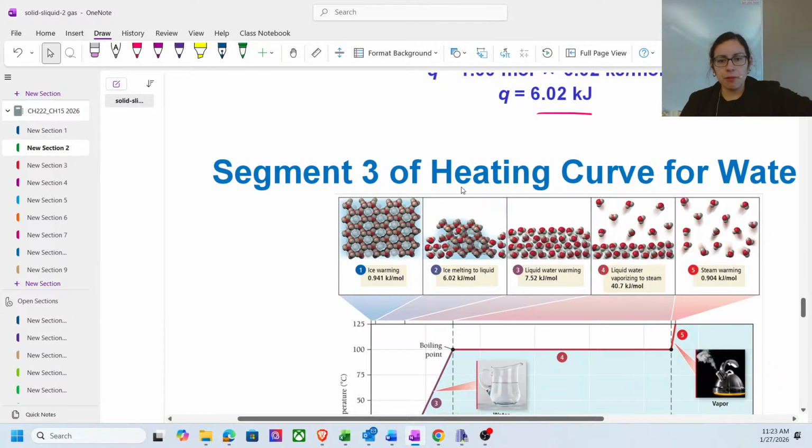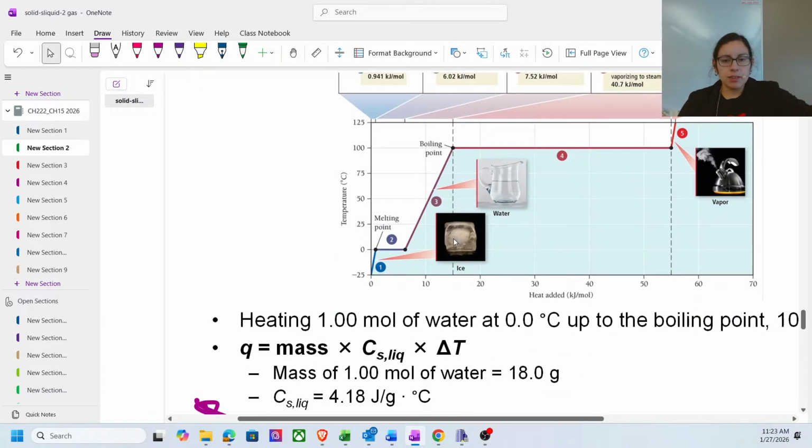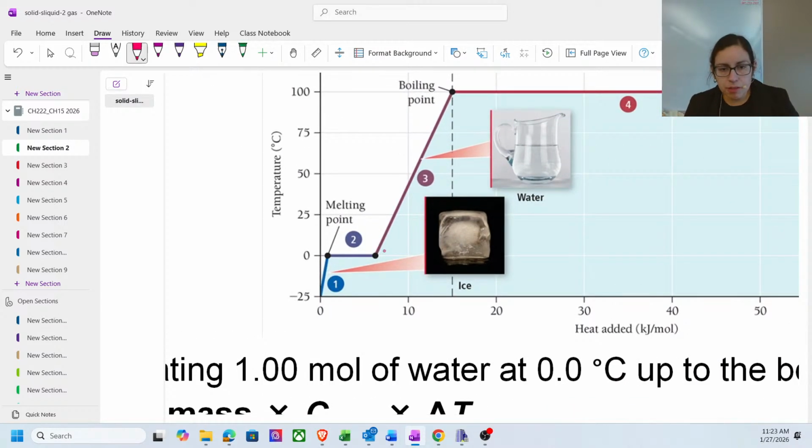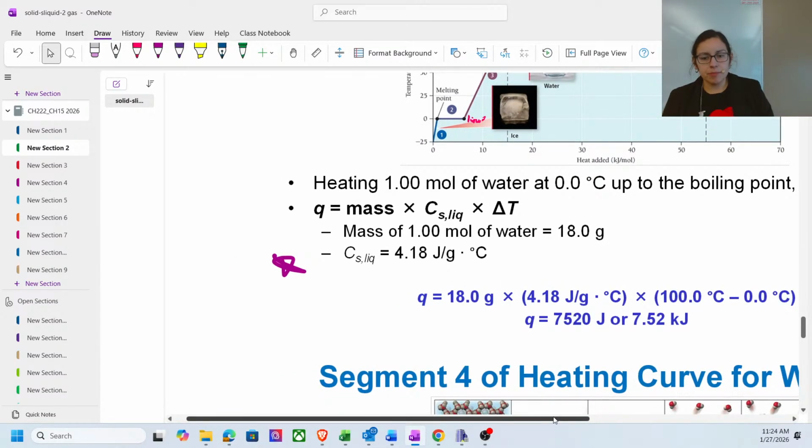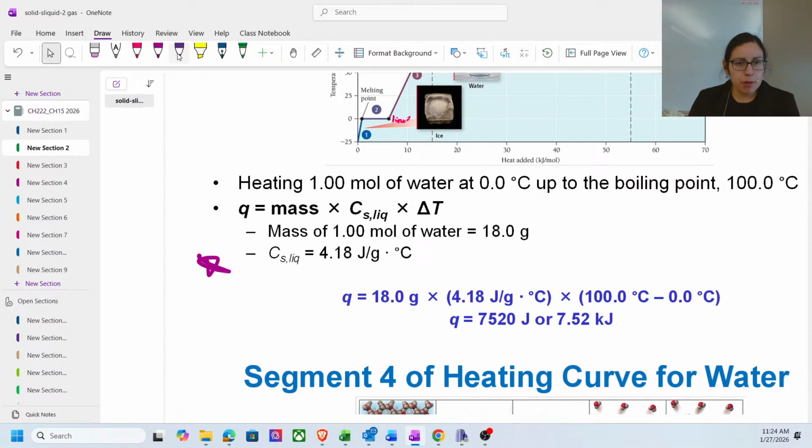And so now it's time for leg 3. Now taking that liquid, it's at 0 though. And so now we want to take that 0 degrees liquid all the way to the boiling point. That's what's happening with the math here. Now this is the number you probably are familiar with if you've heard about the heat capacity of water. Relatively high heat capacity, 4.18 joules per gram degrees Celsius. Convert right back to grams based off of our heat capacity.